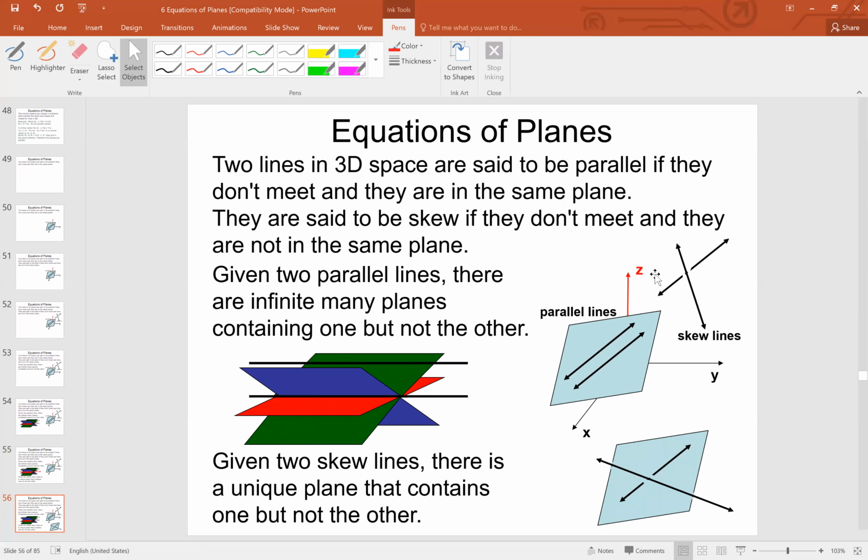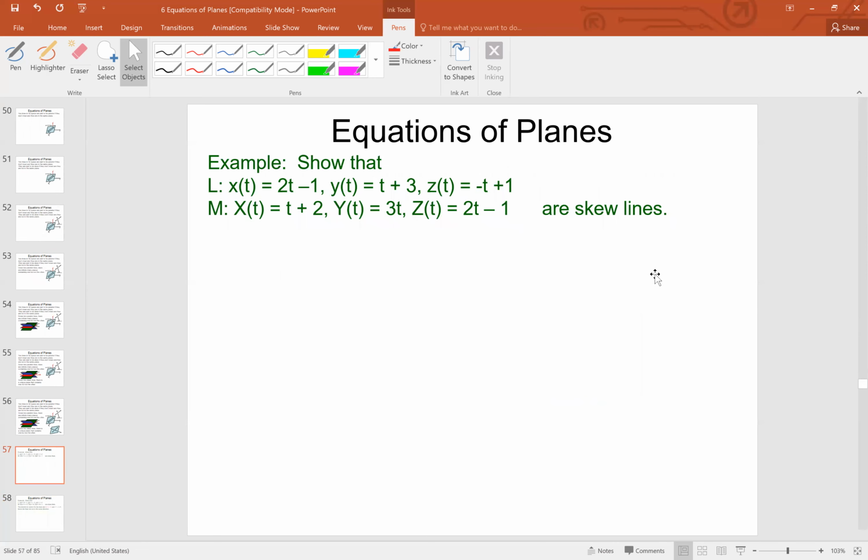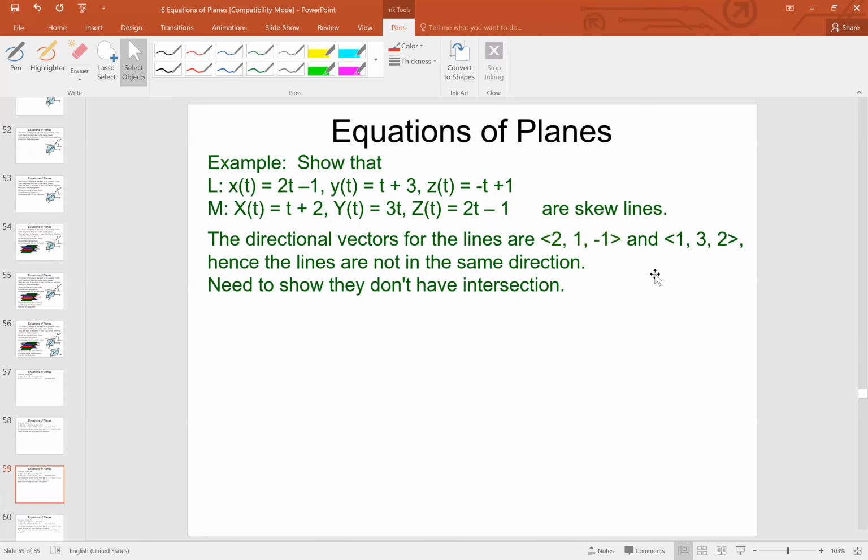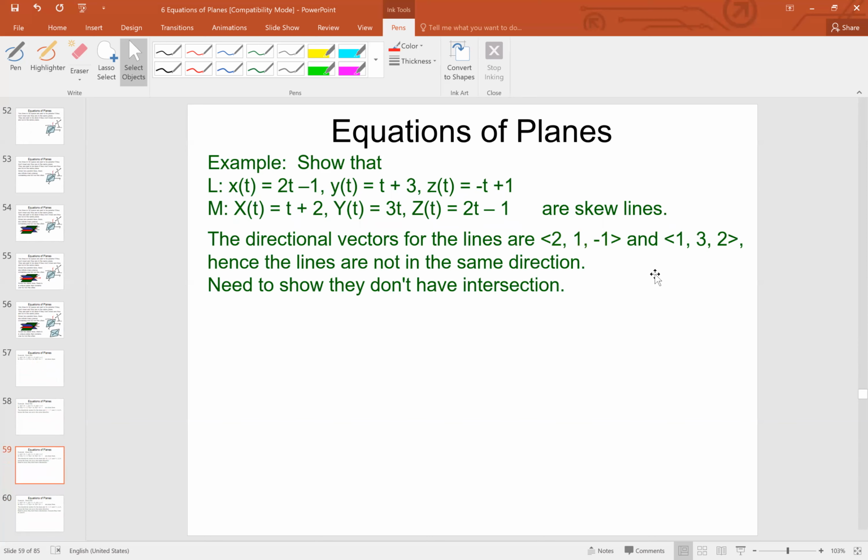So we have these questions. First, here's a question about justifying that two lines are skew. The way we justify it is to say they have different directions, so they couldn't be parallel. They couldn't be in the same plane. And we have to justify that they don't intersect.